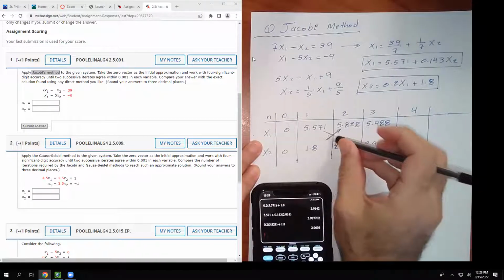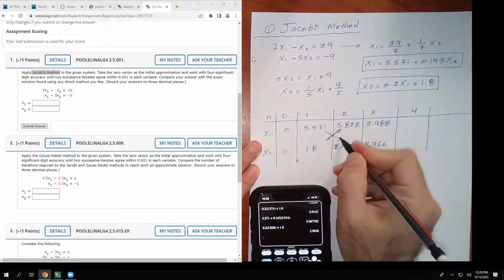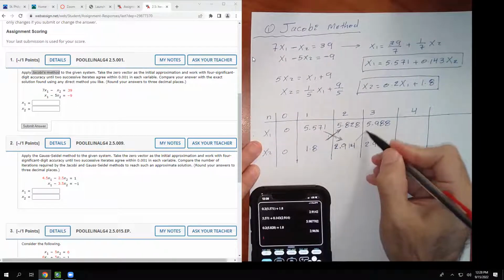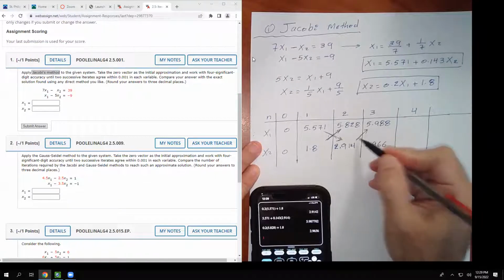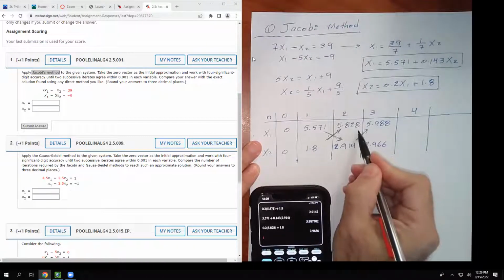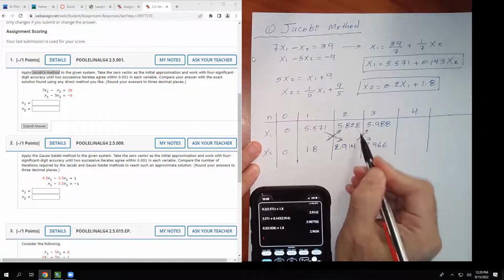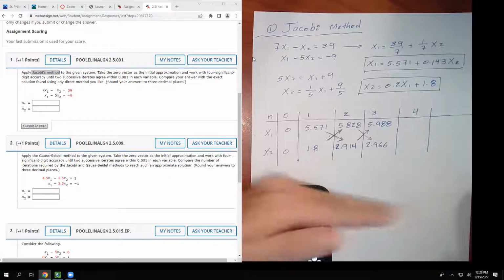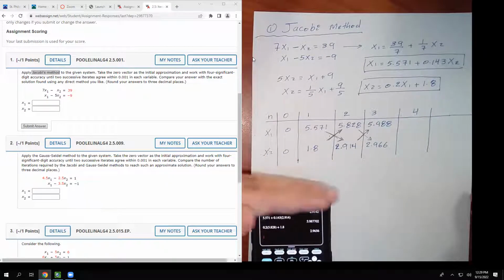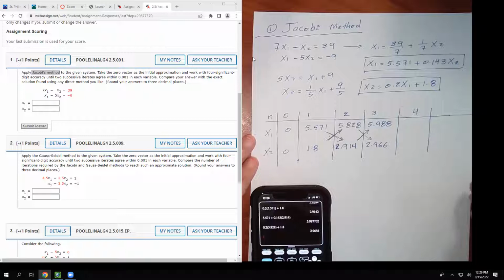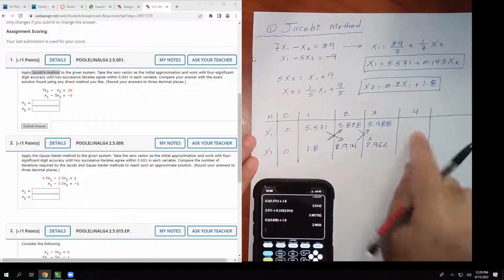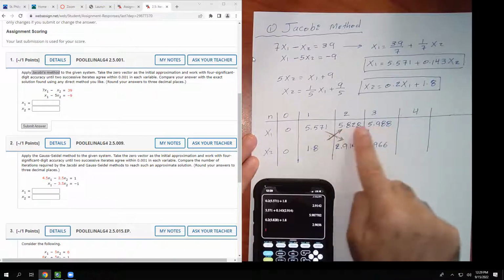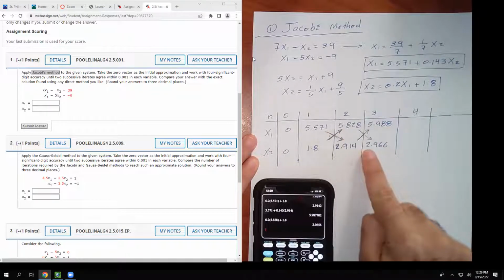To find the new x1, you use x2, to find x2, you use x1, and keep going. Your solution is going to converge to the exact solution. So in another iteration, we see this one is going to the 6, and this one going to the 3.